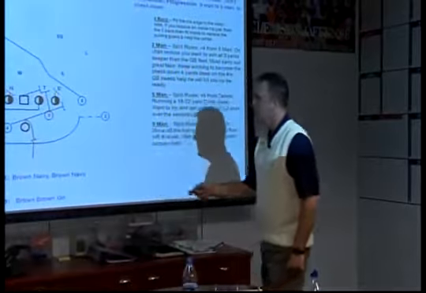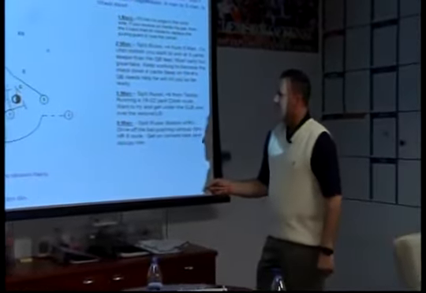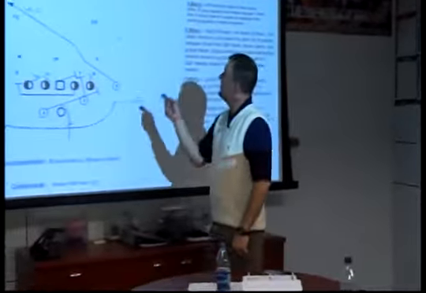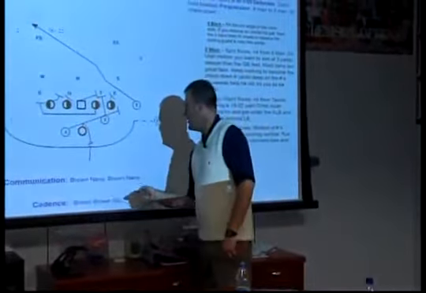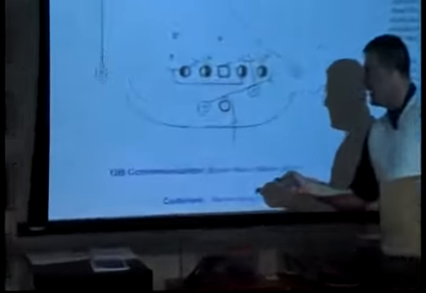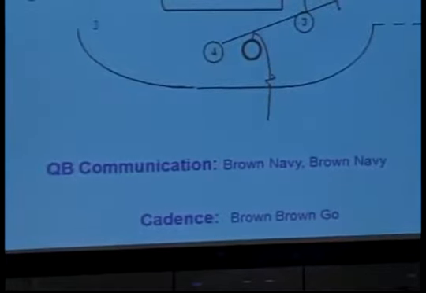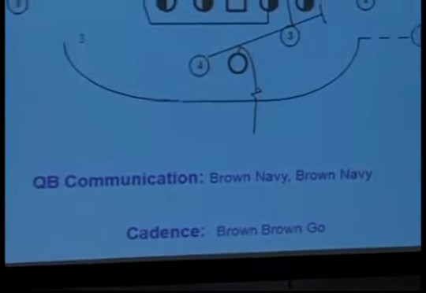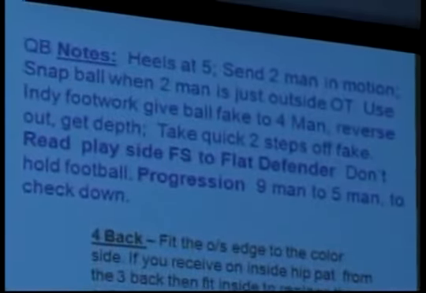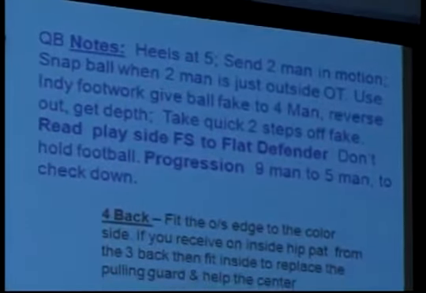Now, the protection, and we'll get into the protection a little bit later. Little Rock 56 is a brown navy protection. We'll talk about that in just a minute. The cadence is brown, brown, go. Quarterback, your heels are at 5. You're going to send the 2-man in motion. Now, before we send him in motion, let's talk about this.